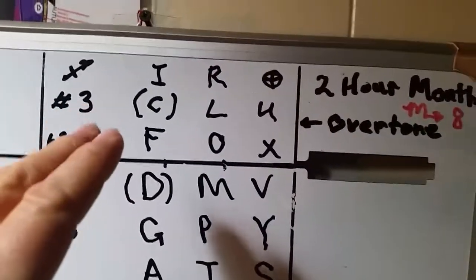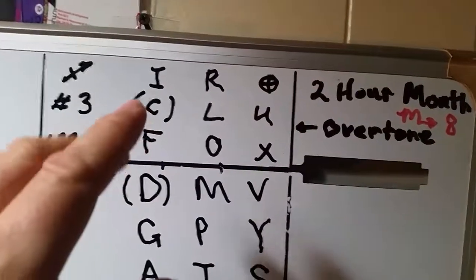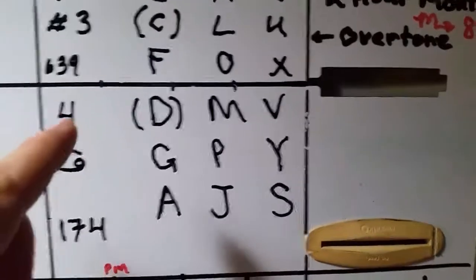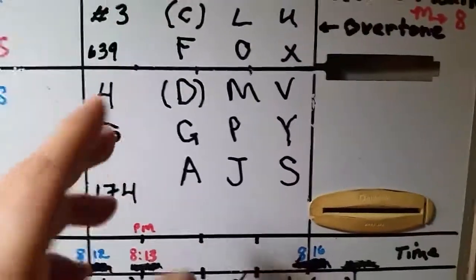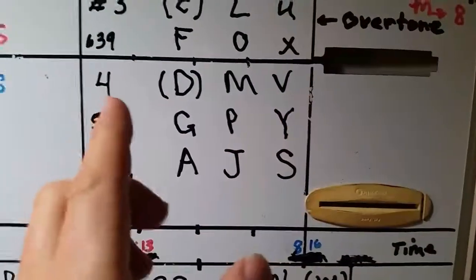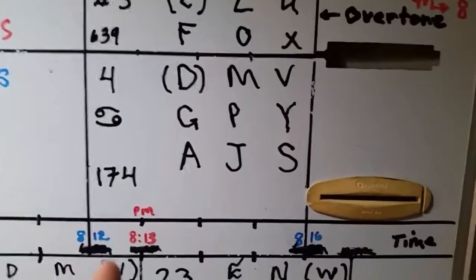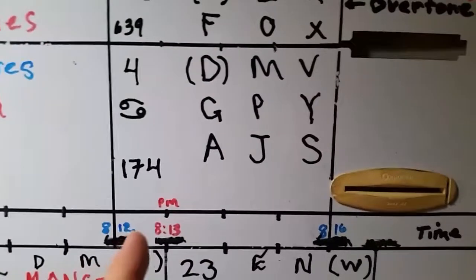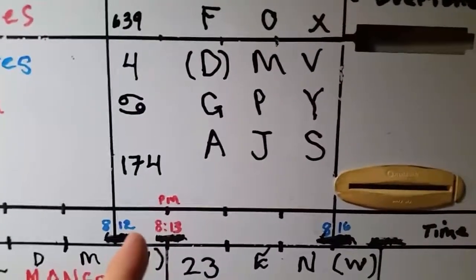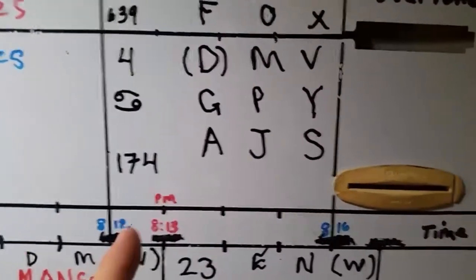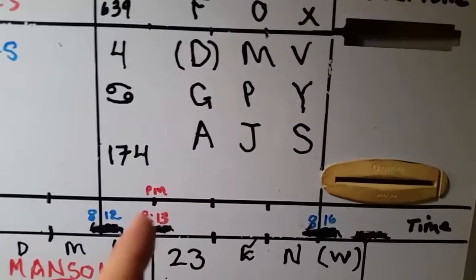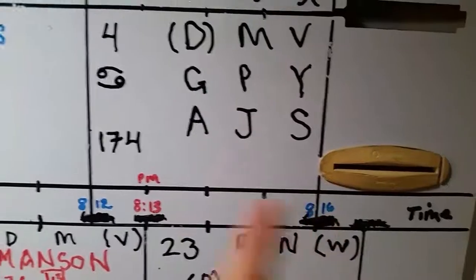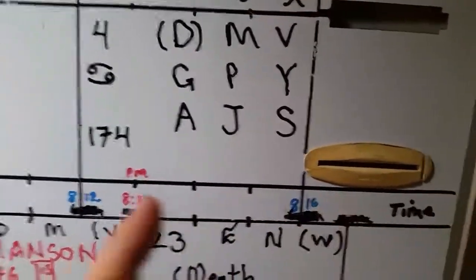639 is the frequency. Okay, and then it's the fourth day window, which spans 4 minutes. So this line here is 812, and this line here is 813, 814, 815, and 816 running across here.